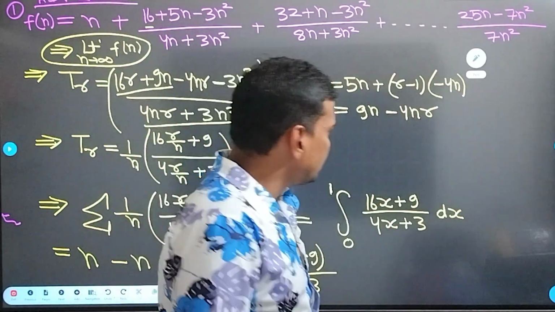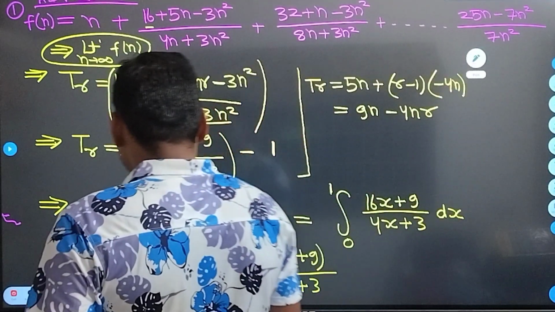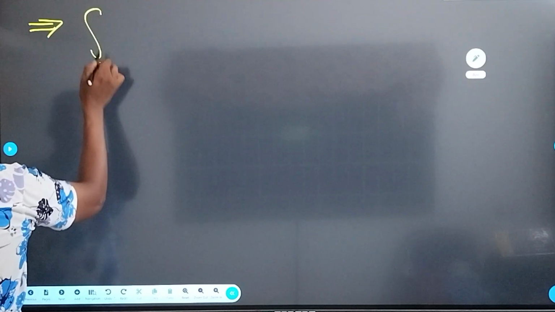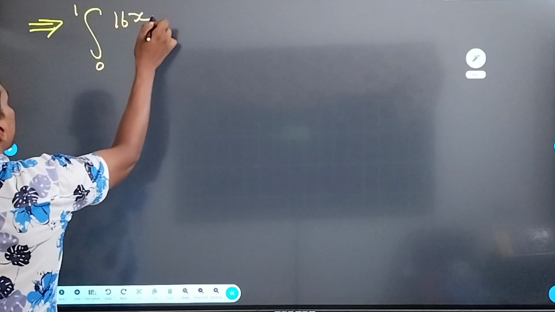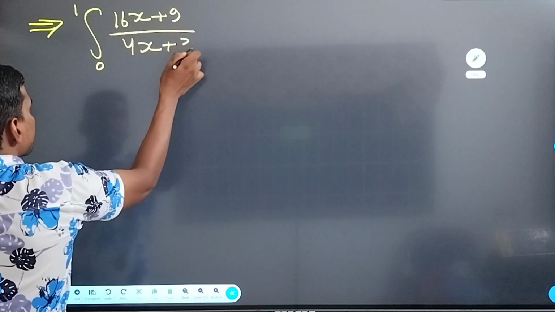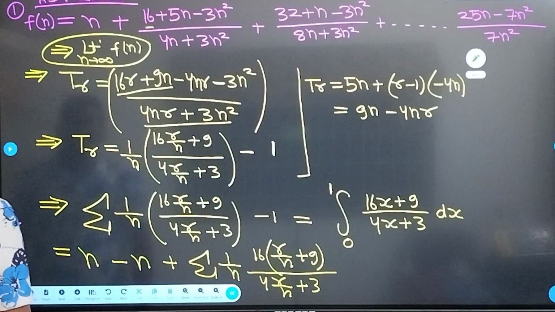Yes, after this you can integrate. Yes, this was the question. 16x plus 9 and 4x plus 3.